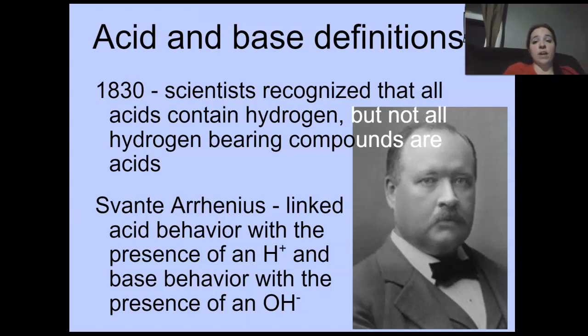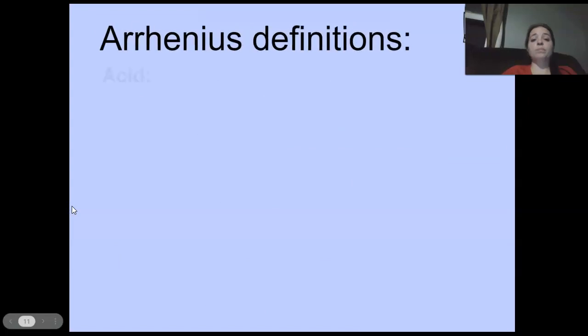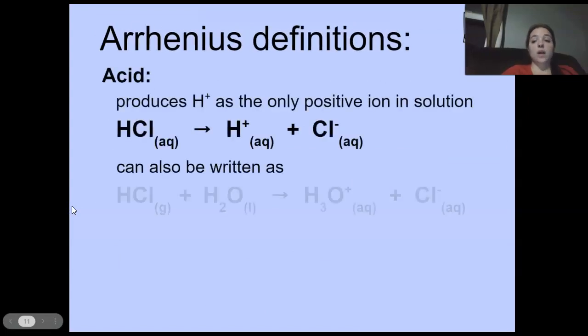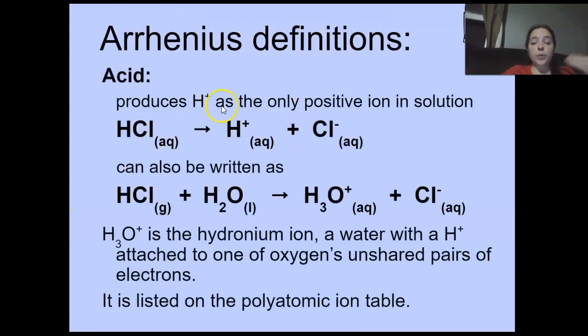It just happens to have hydrogen in it. Svante Arrhenius linked acid behaviors with the presence of a hydrogen ion and the behavior of bases with the presence of hydroxide ions. So Arrhenius acids produce hydrogen ions as the only positive ion in solution.